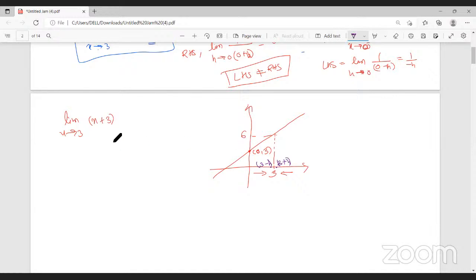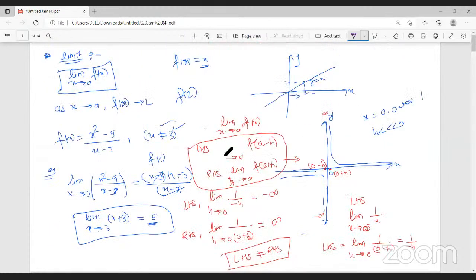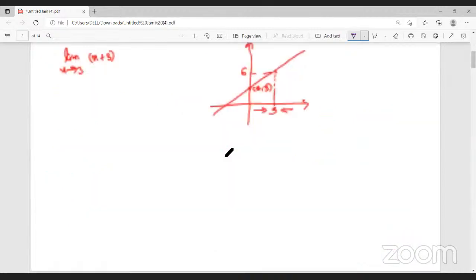Now if I want to take the left hand side limit, what do I have to do? Limit h tends to 0. When h tends to 0, then only we will reach 3, right? Yes, sir. So here it should be h tends to 0.